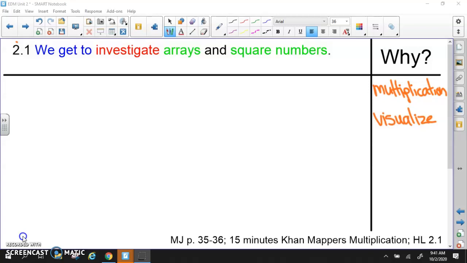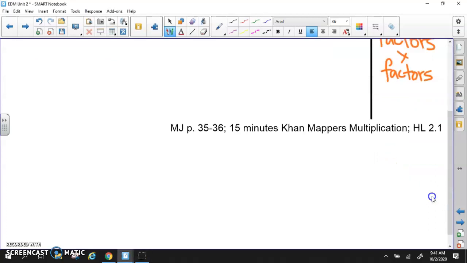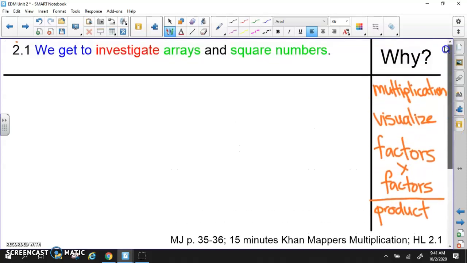So the answer to a multiplication problem is called a product. The two numbers, or the numbers that you multiply by, are called factors. So factors times factors equal a product. Okay?